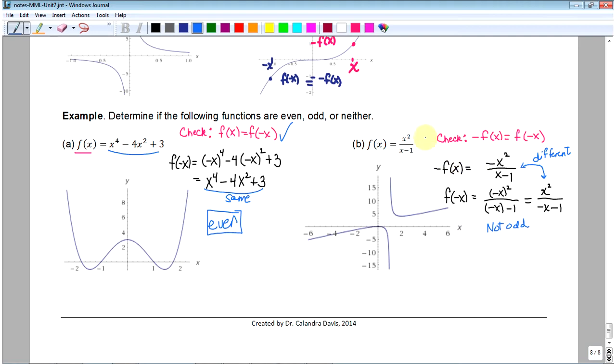We also know it's not even because f of x, the original function, does not equal f of negative x. Therefore, this function is neither even nor odd.